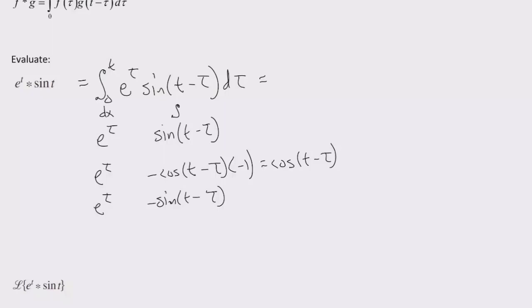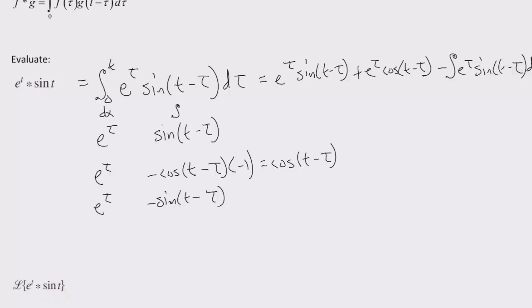All right, so from this little chart I made, we can see that it is e of tau sine of t minus tau plus e of tau cosine of t minus tau minus the integral of e of tau sine of t minus tau d tau.